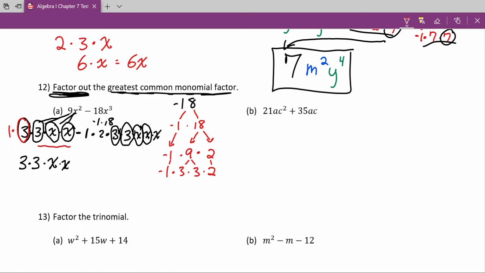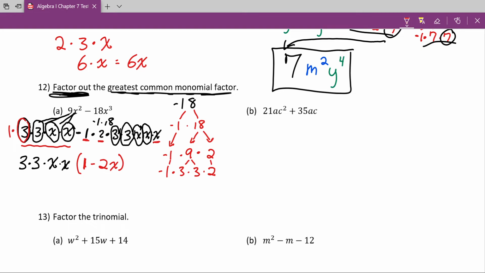When you circle all of the factors, there is a 1 still remaining. So we have a 1 still remaining for the first term. And if we look at the second term, what's left over is a negative 1 times 2 times x. So negative 1 times 2 is negative 2, and negative 2 times x is negative 2x. So my leftovers are simply 1 minus 2x.